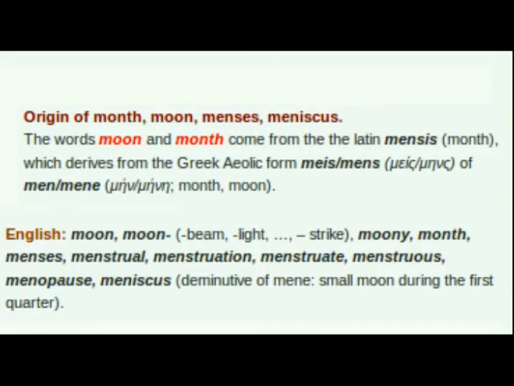Well, the English word moon comes from the Latin word mensis. And mensis is something to do with a month. And there's something else to do with a month that is of great significance to human beings now, just as it was 37,000 years ago. Something to do with mensis.